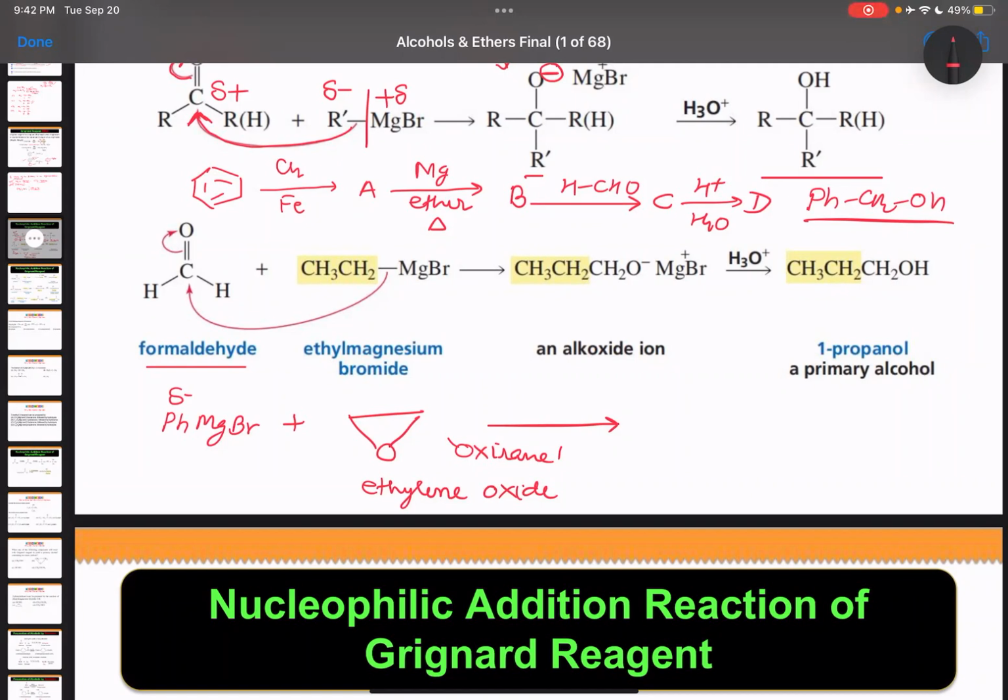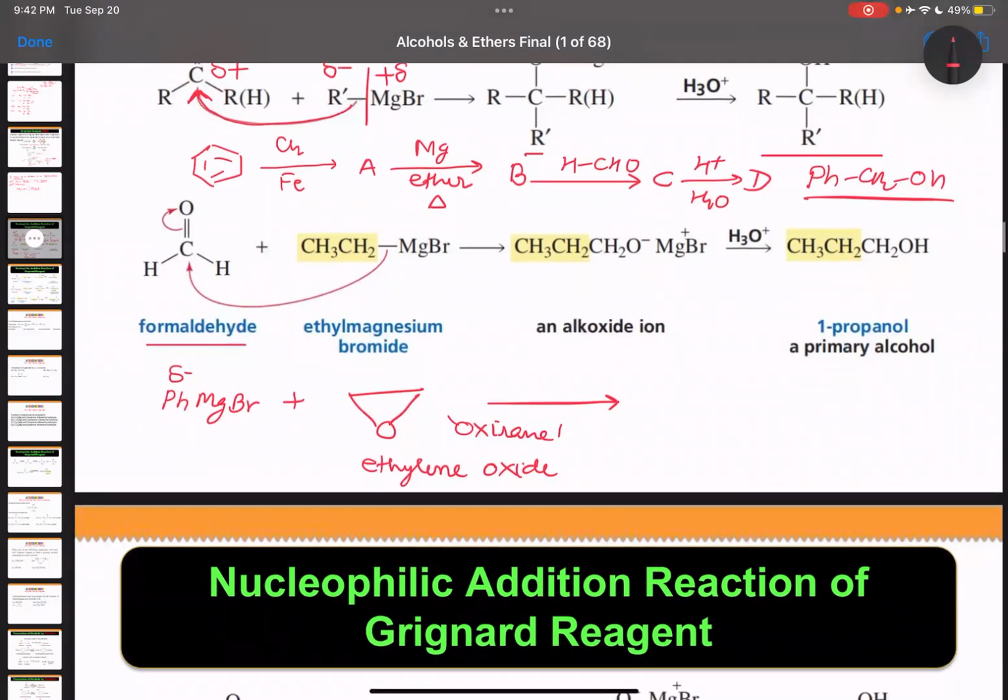So what's going to happen if you react a Grignard with this? The oxygen atom is being shared by the two carbons. It's connected to two carbons and forming a cyclic ring. So the Grignard is going to attack the carbon, because carbon has a partial positive charge and oxygen has a negative charge. Is it clear?